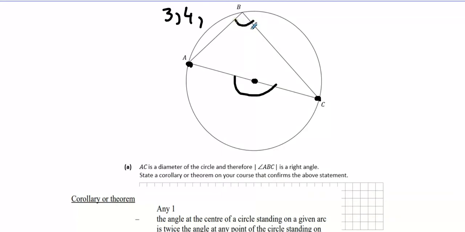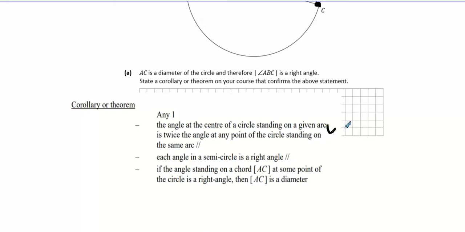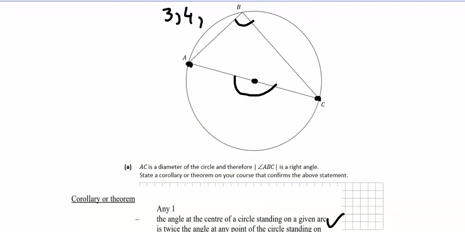So this angle also standing on AC, which means the angle at A here will be twice the angle at B. Okay, so you can state that. Or you can say each angle in a semicircle is a right angle. Or, if the angle standing on the chord AC at some point of the circle is a right angle, then AC is the diameter. So any of those theorems will do you nicely, okay?